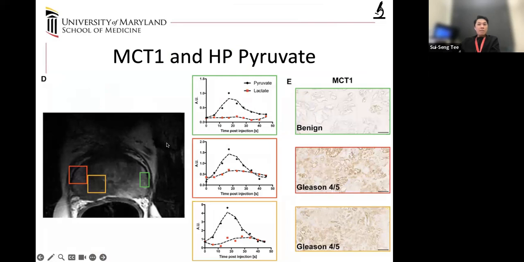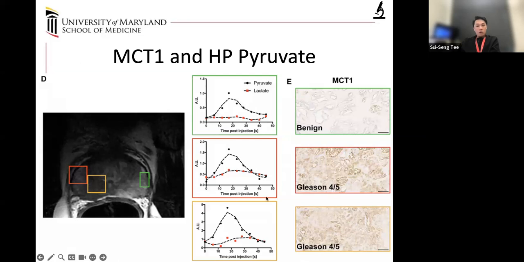Here is a better spatial analysis of different regions of the tumor. Again, the benign prostate has very low lactate production and also very low MCT1 expression. That is why we think perhaps benign prostate tissue doesn't really convert pyruvate to lactate, because the pyruvate is not getting in.